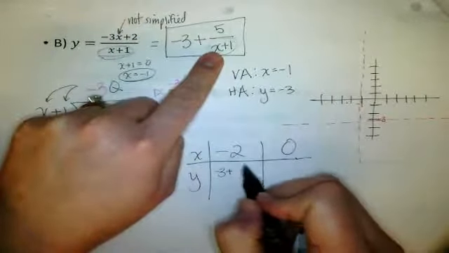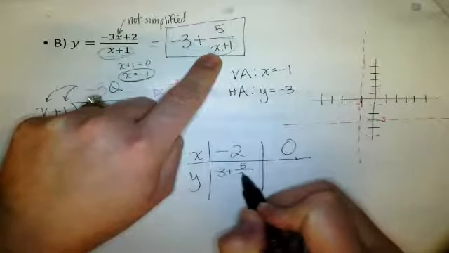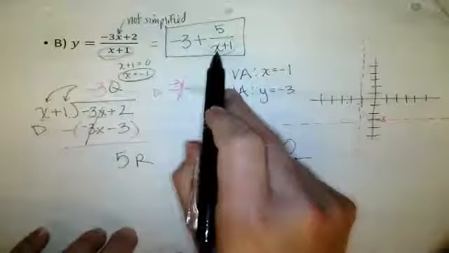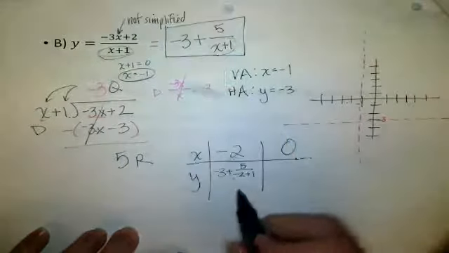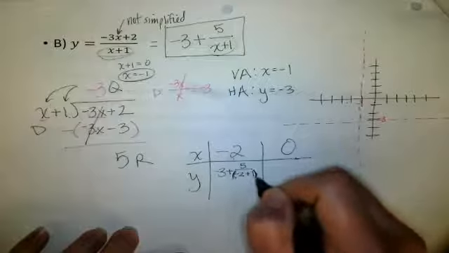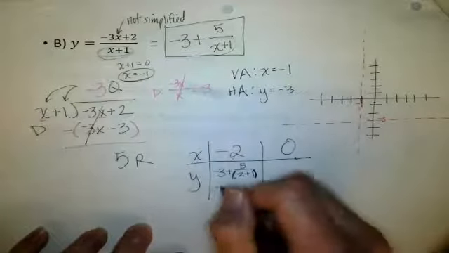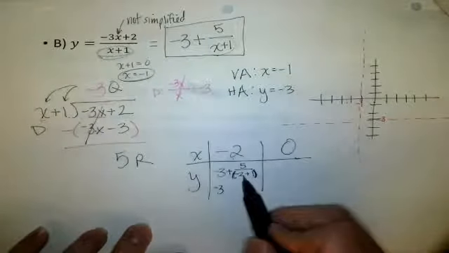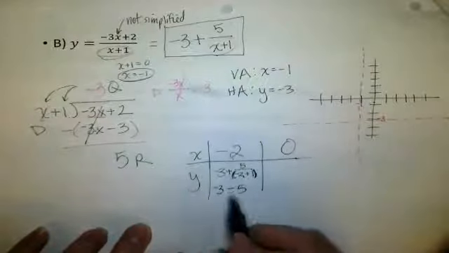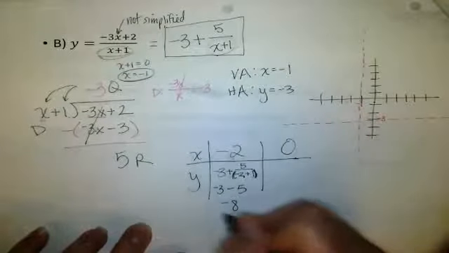Negative 3 plus 5 over negative 2 plus 1. Taking my negative 2 and plopping it right in for x. Negative 2 plus 1, I have to do that first, is negative 1. What's 5 divided by negative 1? Negative 5, that's right. And negative 3 and a negative 5 is going to give me negative 8.